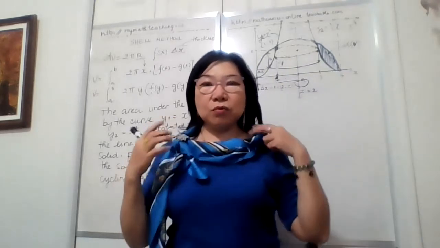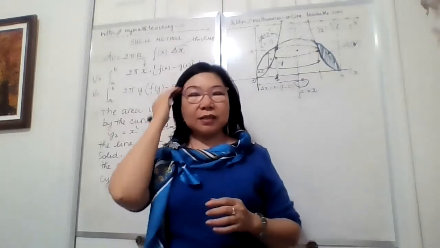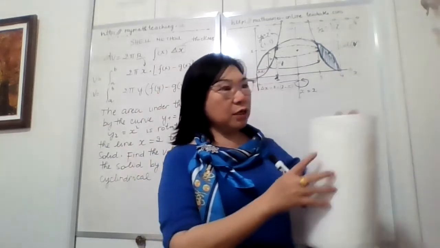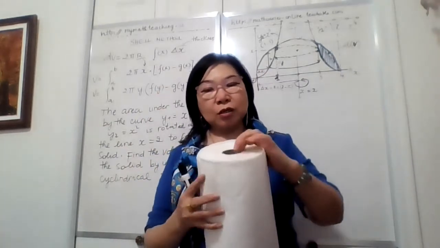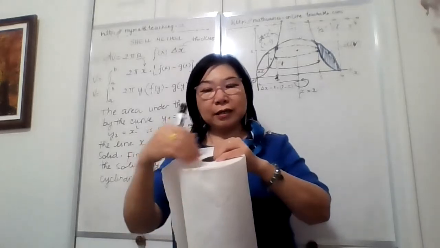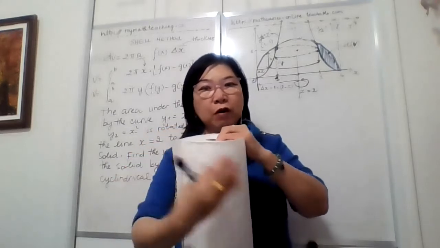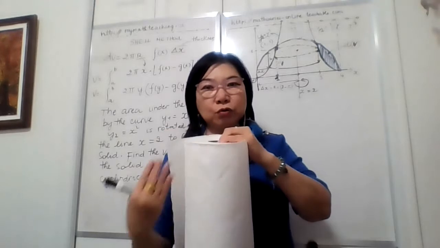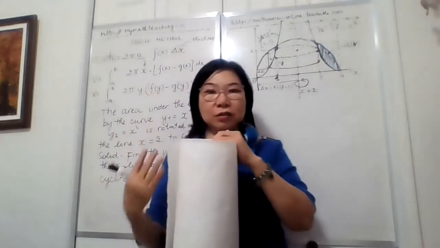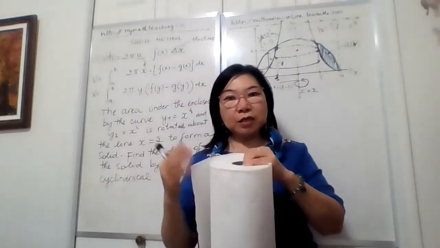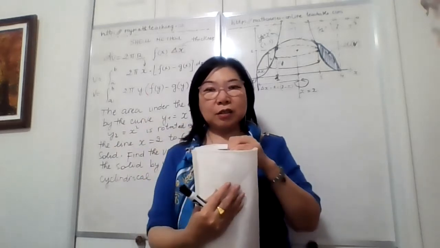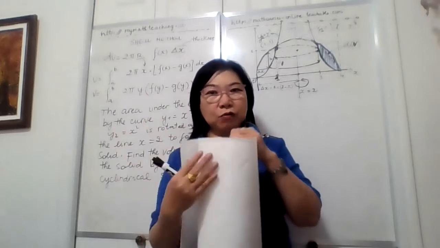Let me give you a little bit of summary so that we don't jump in the middle. In my previous video, we talked about using the cylindrical shell to build volume. This is the cylindrical shell, and the way we build it, we rotate around the y-axis. If the disk method revolves around the x-axis, then the shell method revolves around the y-axis.